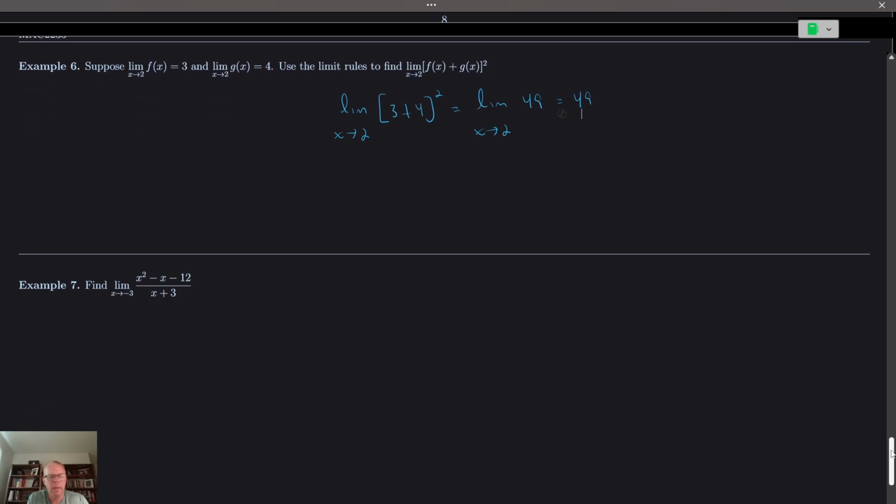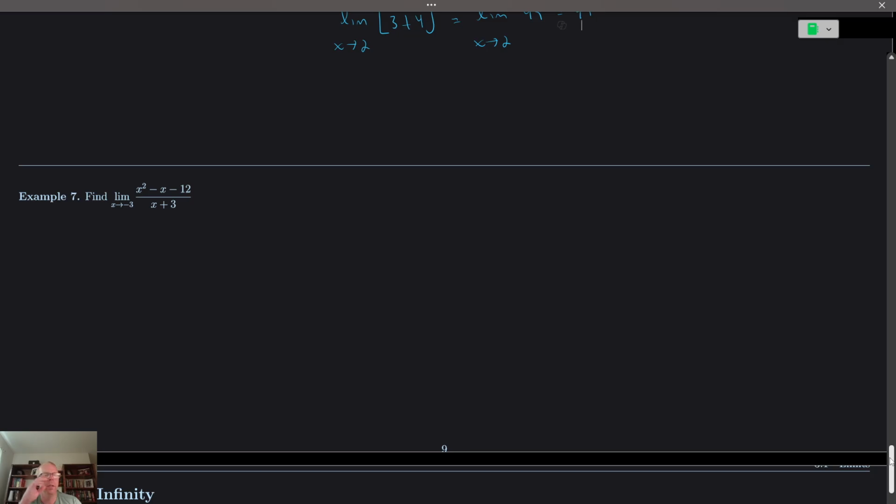All right, let's look at this one. This is a rational function. Rational functions are not continuous everywhere. They're continuous at most points, but typically when we're asked to find the limit of a rational function like this, it's going to be at the point where it's not continuous.